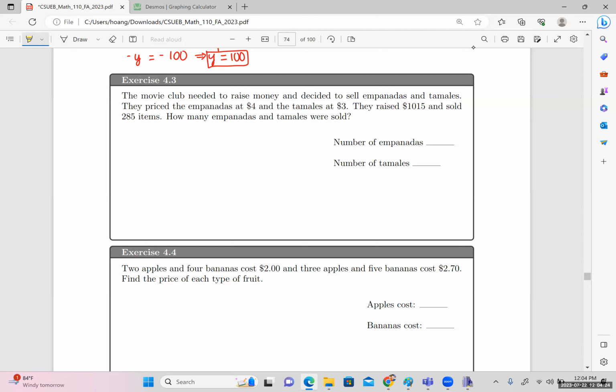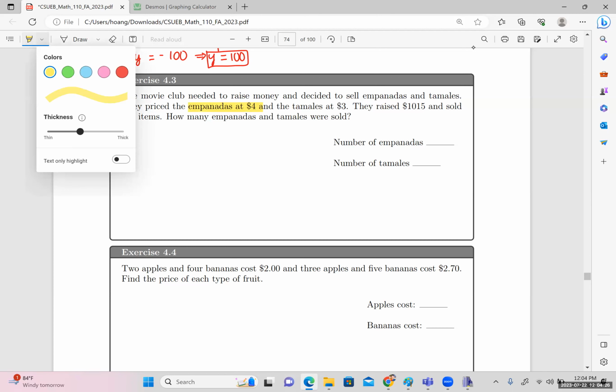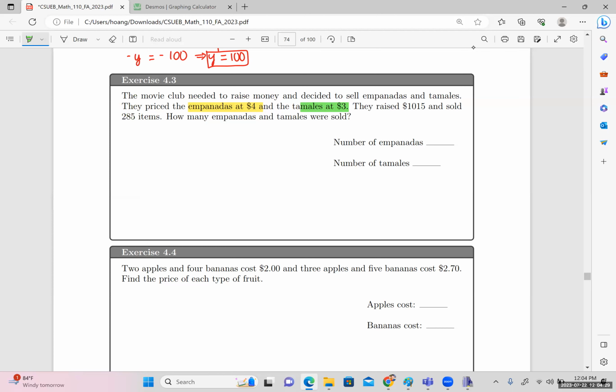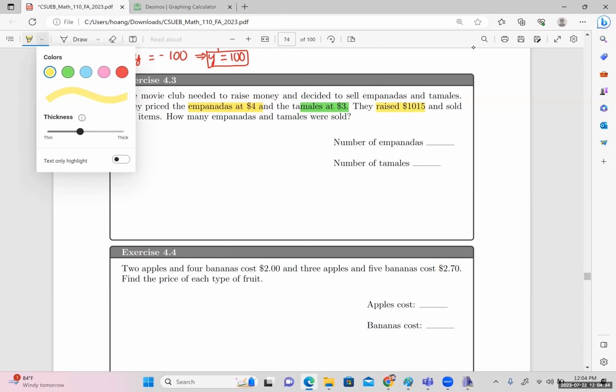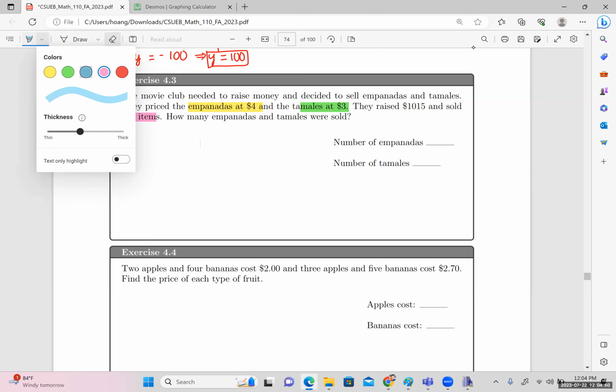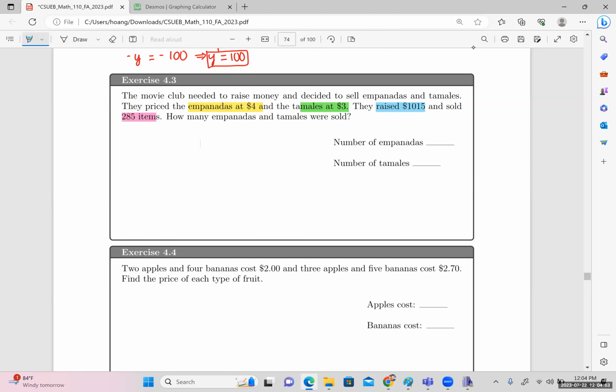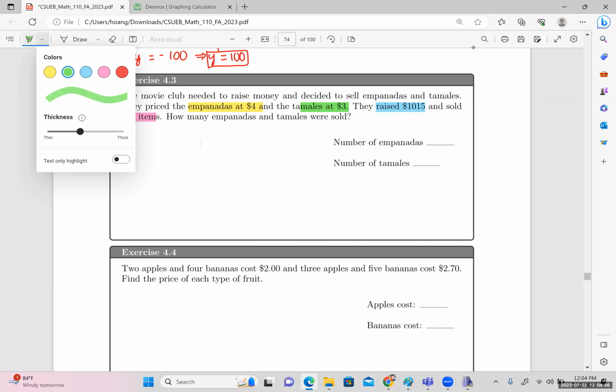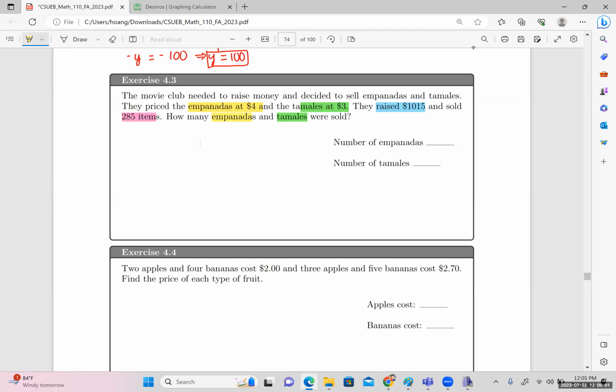So the price of empanadas is 4 and tamales is 3, and they raised $1,015 and sold 285 items. Then we're going to find the number of tamales and the number of empanadas.